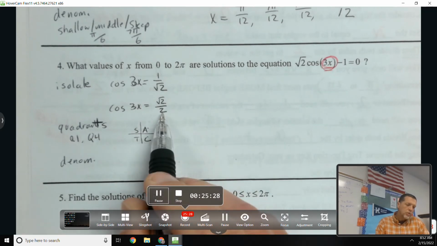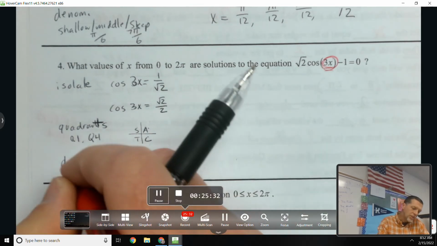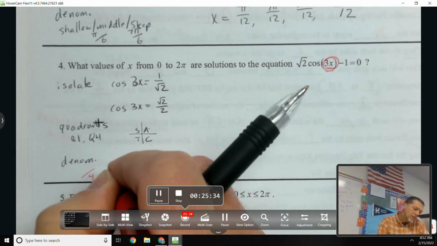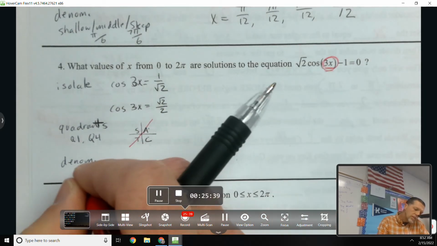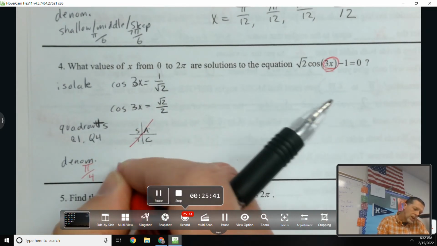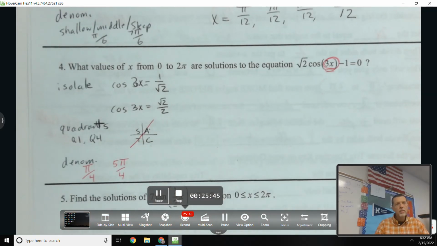Root 2 over 2, which denominator does that happen at? Middle, so the over 4s. So that would be pi over 4 and 5 pi over 4. Yep. Why? No wonder you're looking at me funny.